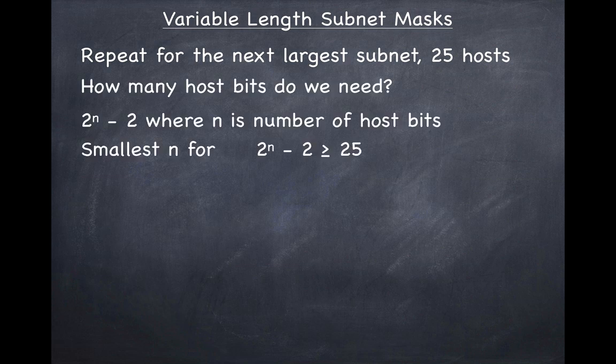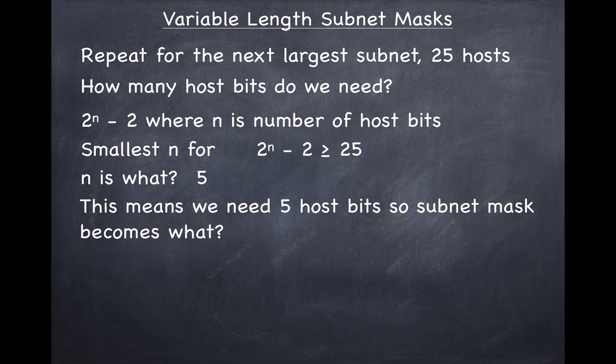We need to solve 2 to the n minus 2 greater than or equal to the 25 hosts we need. What's the smallest value of n that makes that true? The correct answer is 5. So we need 5 host bits. So the subnet mask becomes what? And the answer is /27, because 32 minus 5 is 27.